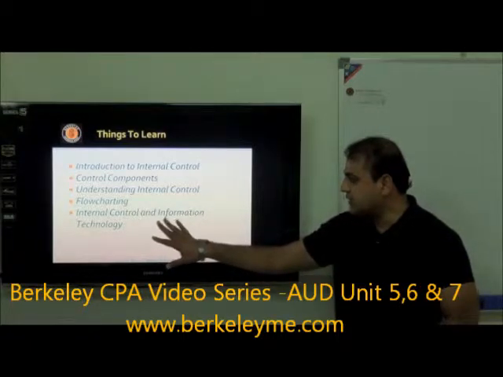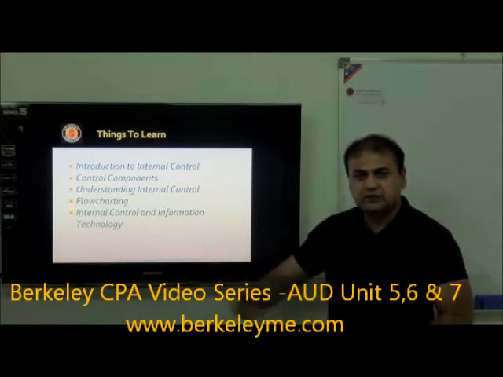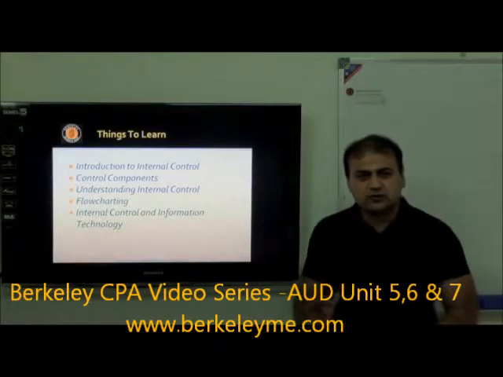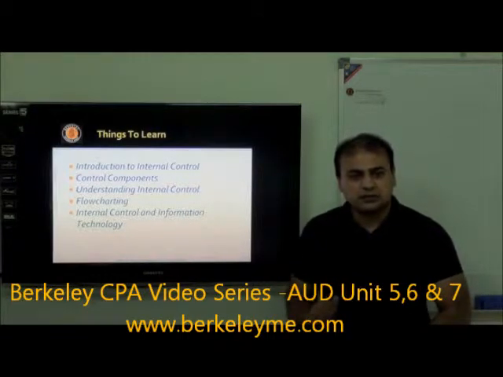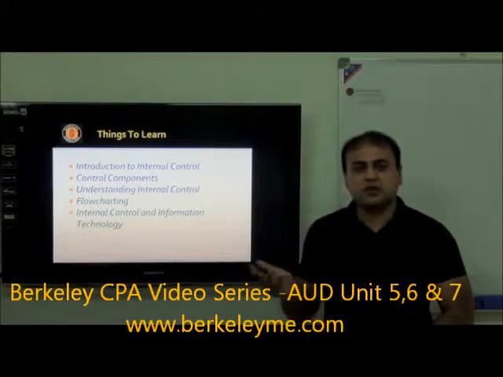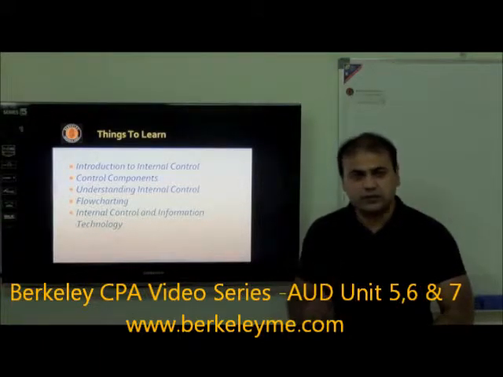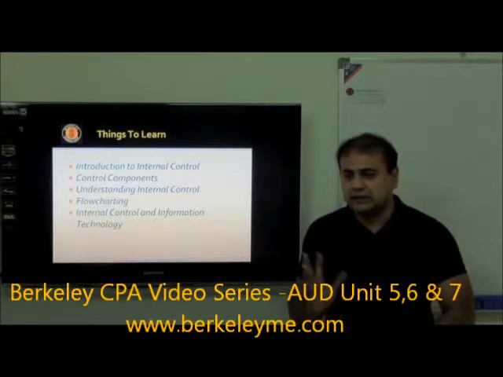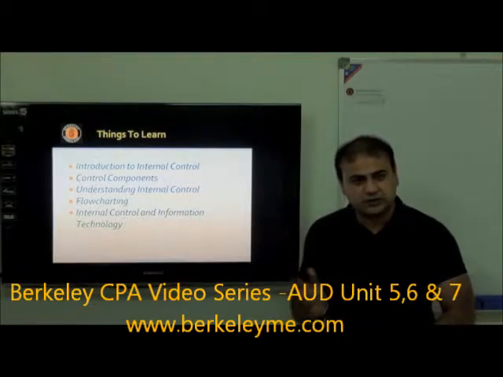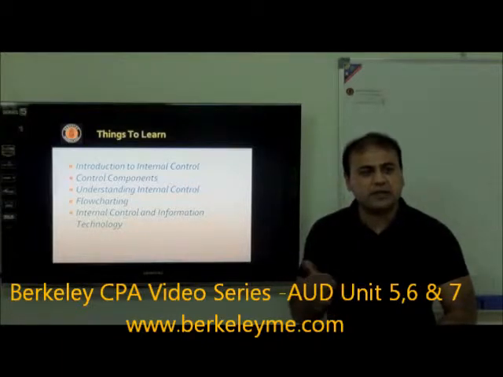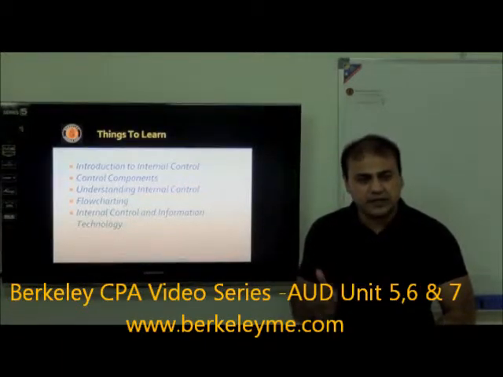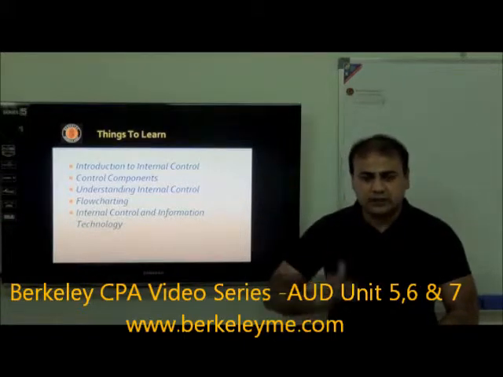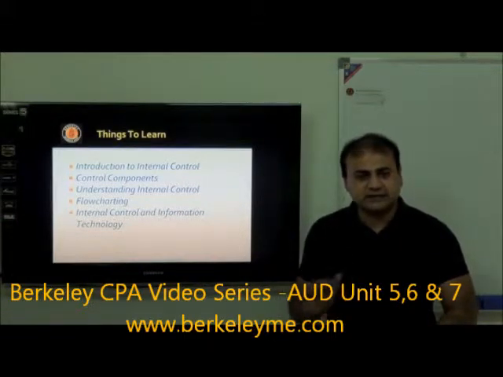Internal control and information technology. Previously, when information technology was not that advanced, we had to see the manual controls, and we had to make several copies of one single document. But with the help of information technology, we are now at a position where the system helps us with controlling, with having audit trails, and with automatic movement to the next step.